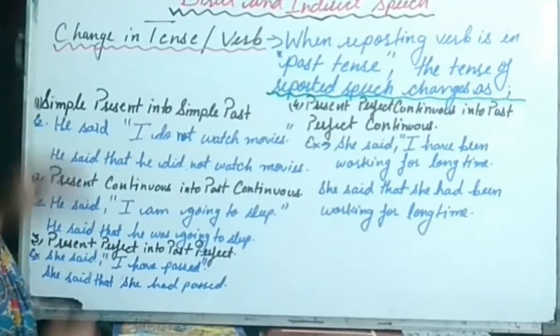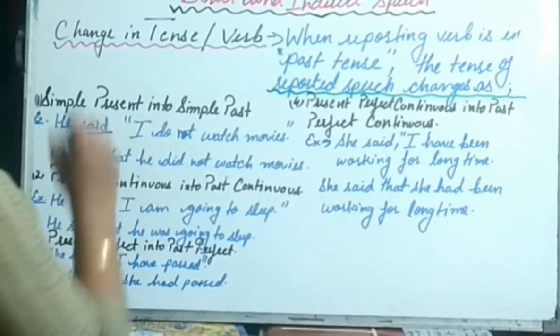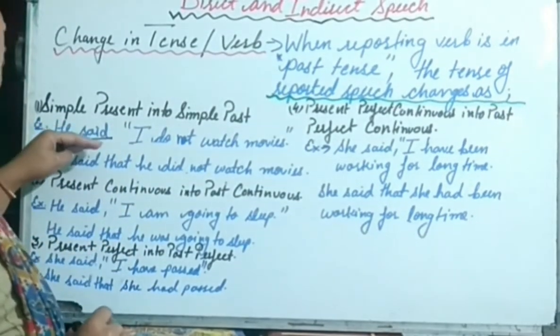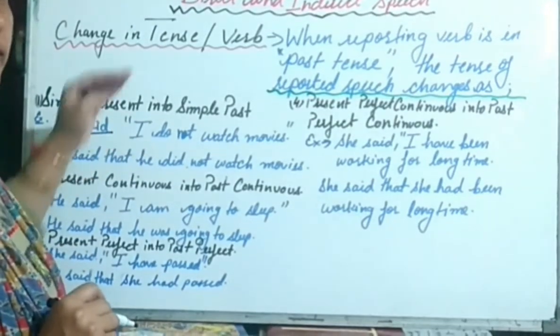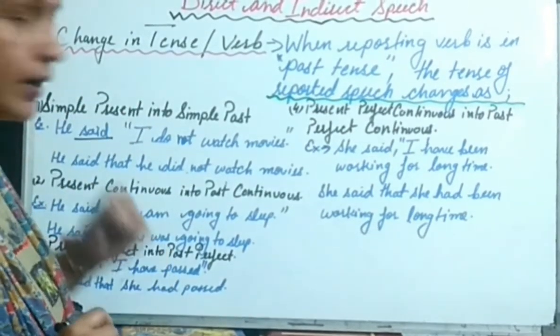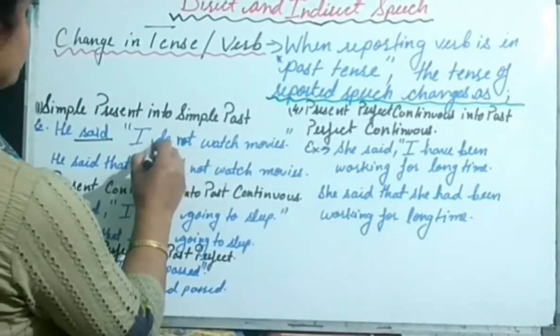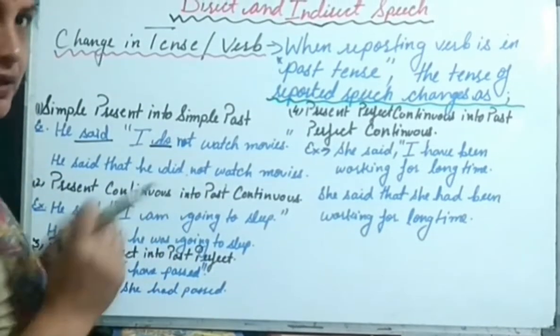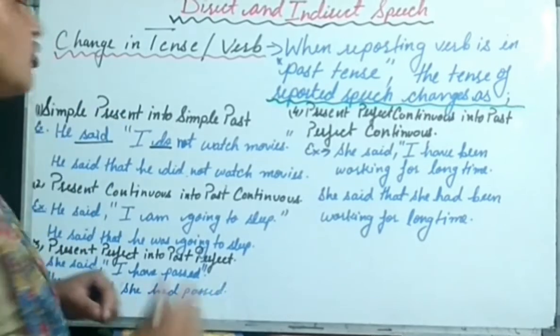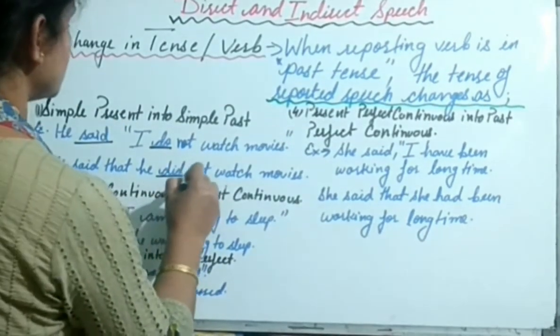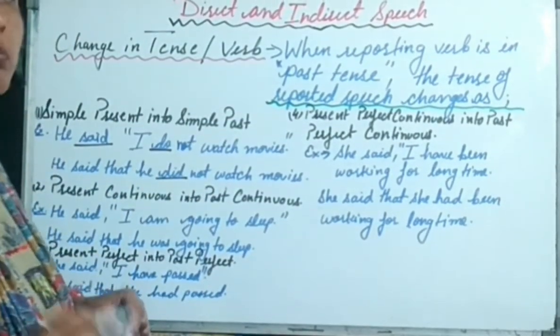"He said" is the reporting verb. When the reporting verb comes in past tense, that time we make changes in reported speech. Now you can see here, this "do" verb is in present tense, and we have changed this into "did", which is in past tense.